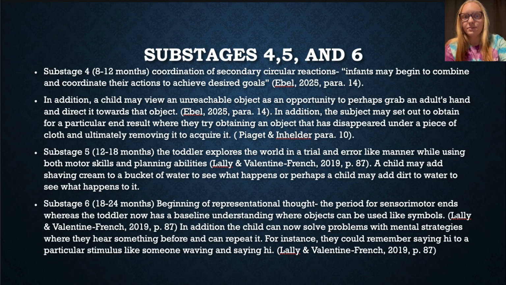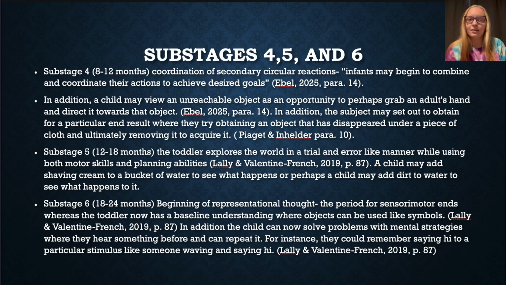Substage 4 of sensorimotor development is coordination of secondary circular reactions, and this happens from about 8 to 12 months old. The child uses these basic behaviors they learn through repetition to achieve a certain goal through coordination. The child can also now anticipate the outcome or the effect of their actions, these repetitive behaviors they've practiced, and can achieve simple goal-oriented tasks.